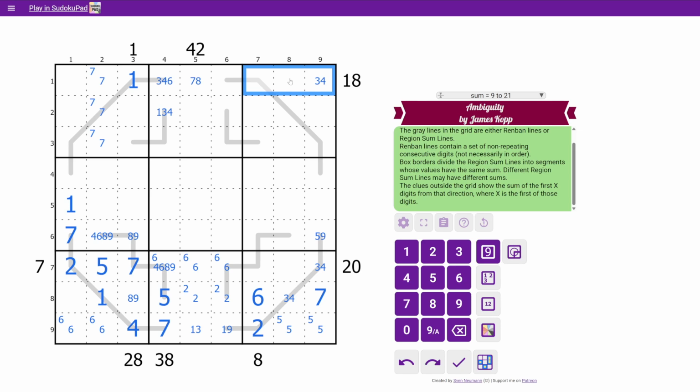Or no, it would be a 9, 6 if it was a 3. It could not be 8, 7 because this would have no fill. If this was 3, this is 9, 6, in some order.